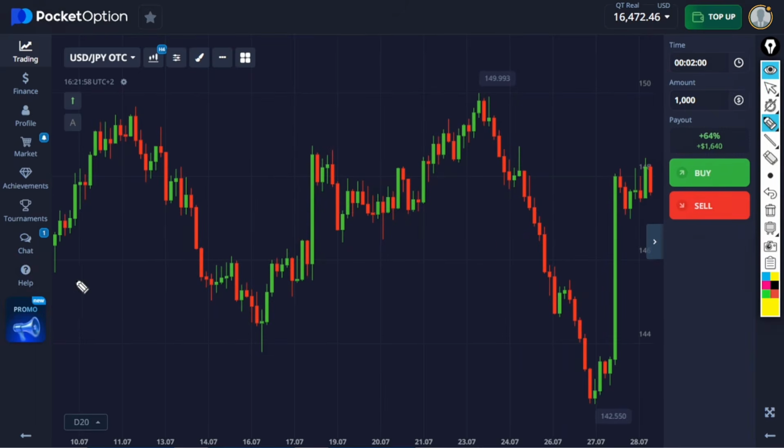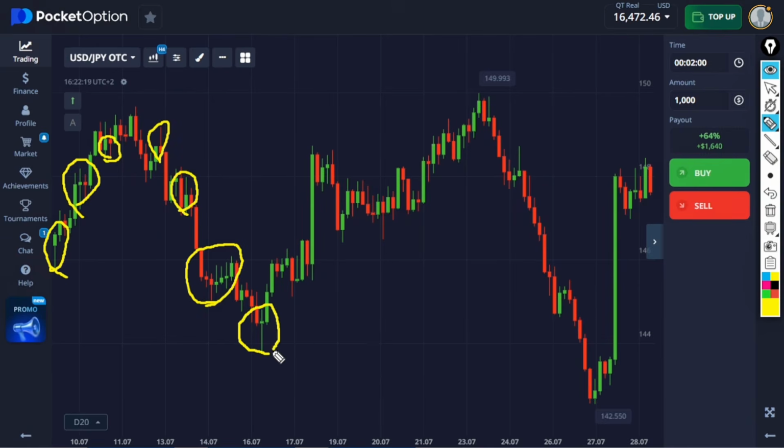I think I'm going to go from left to right. And all I'm going to do is just mark out the rejection candles that I can see with my yellow pencil. There's a bunch of rejection candles here. Another one here. It's not my best artwork by any means, but it works. I may miss one or two, but as long as I get most of them, it'll be okay.